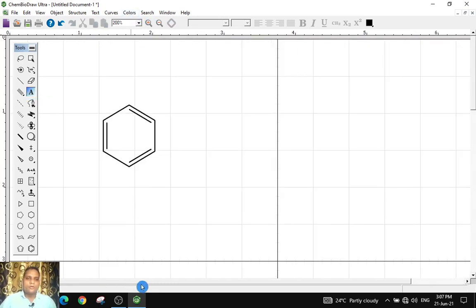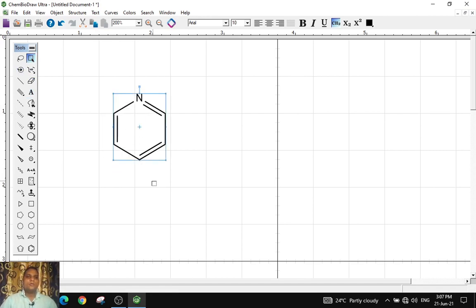This is very important: if no blue color appears, you cannot click on it. Now you can see the blue color has appeared, so a simple click should be made. On the keyboard, turn on caps lock and press the N button. Now you can see the pyridine has appeared.